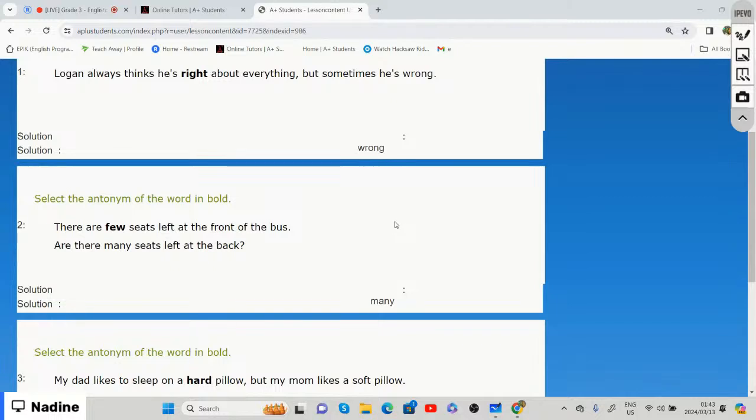It says there are few seats left at the front of the bus. So we can say there are few seats left in the front of the bus. Are there any seats left at the back? But now get the word few.